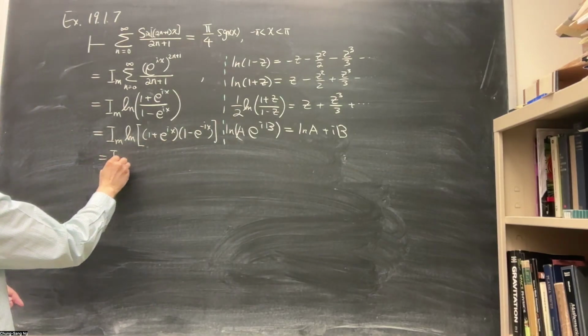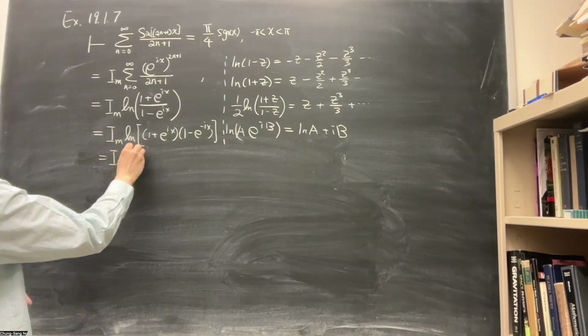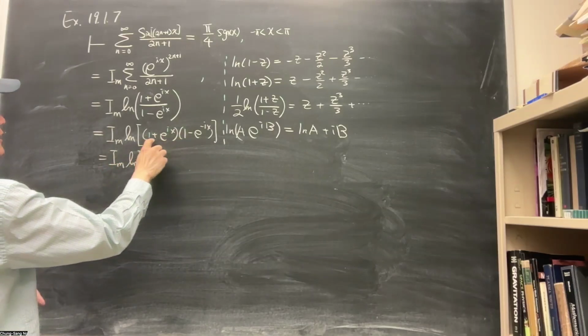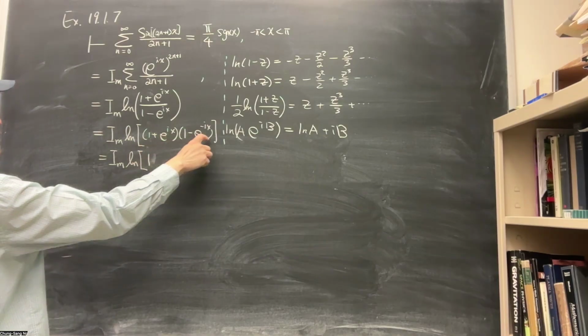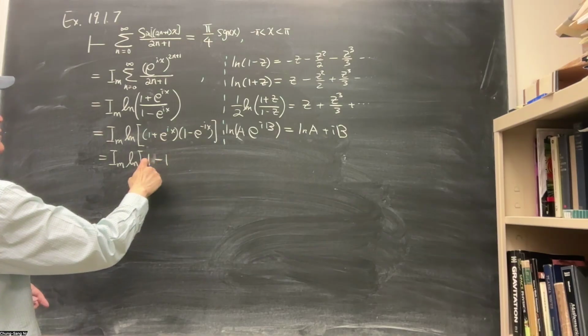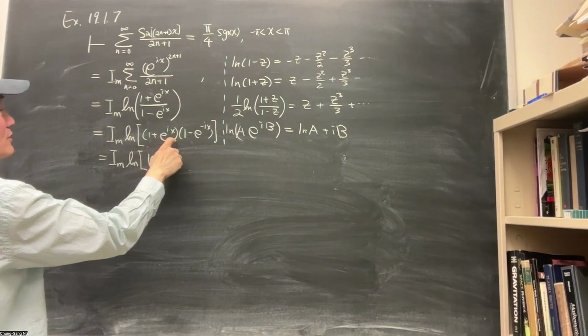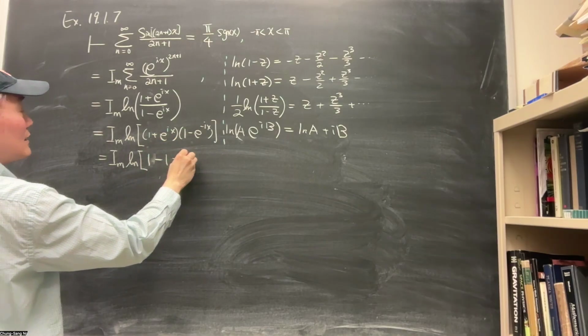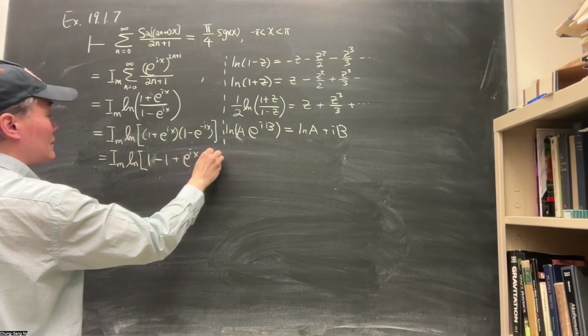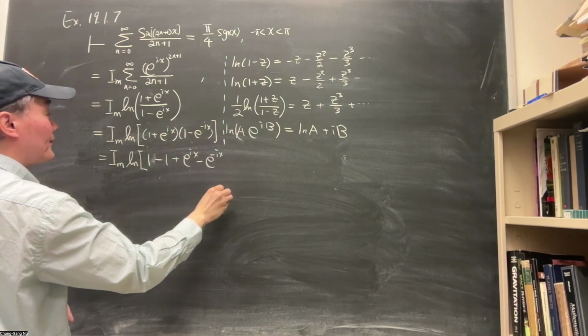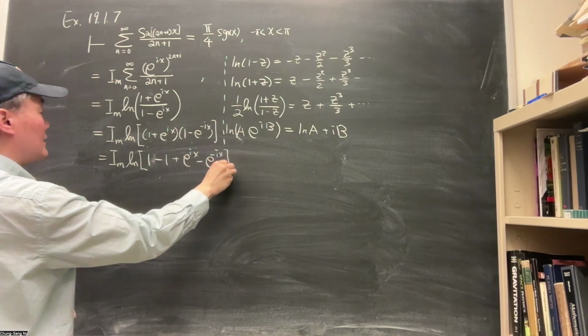This is imaginary part of log. Multiply 1 times 1 is 1, and then this times that is minus 1, so cancel these two terms. And the other two terms are e to the ix minus e to the minus ix. Right.